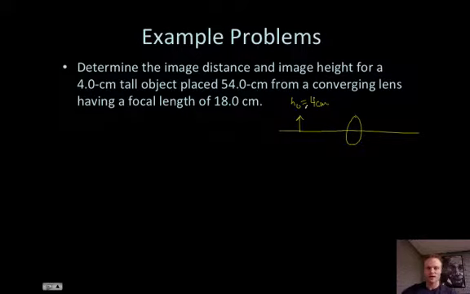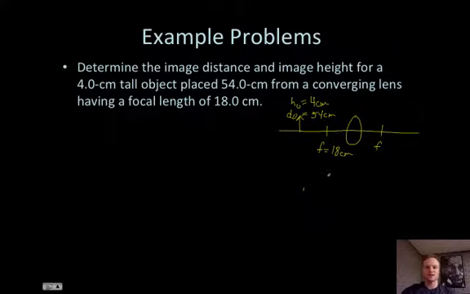Okay, so the height of the object is 4 centimeters, and it is placed 54 centimeters from a converging lens. And so my d sub O is 54 centimeters. Okay, and this lens has a focal length of 18 centimeters.